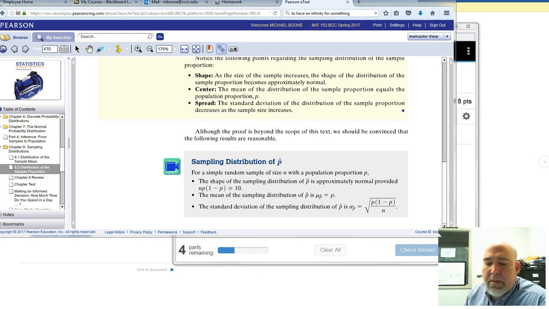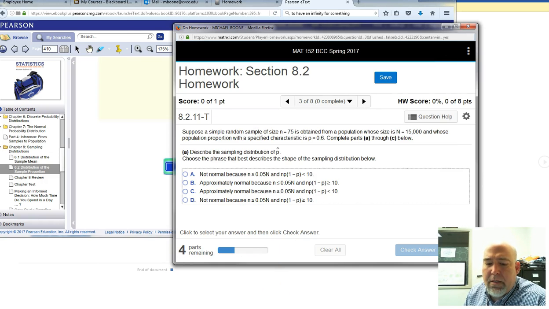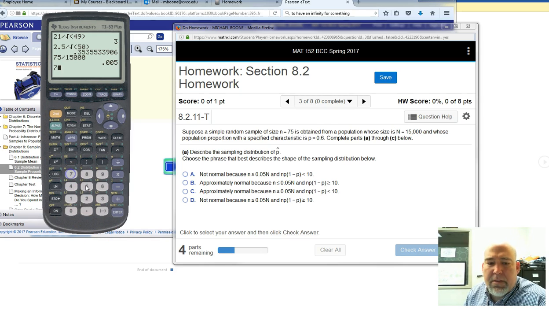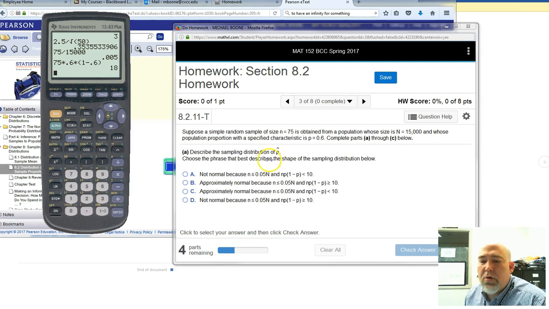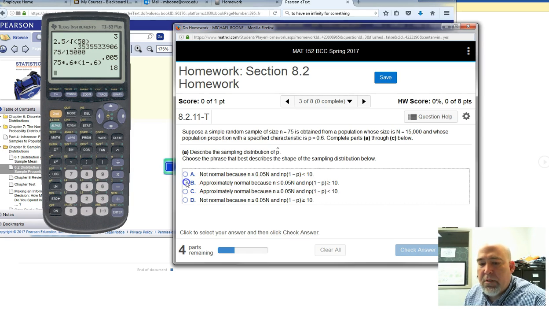Our sample size is 75, the population proportion p is 0.6, and we multiply that times 1 minus 0.6, so I could write in 0.4, but I'll just type it all in. I get 18, so that's greater than or equal to 10, so looks like we are good to go. So the sampling distribution, we can say it's approximately normal because of these two conditions: our sample size is less than 5% of the population, and n times p times 1 minus p is greater than or equal to 10.